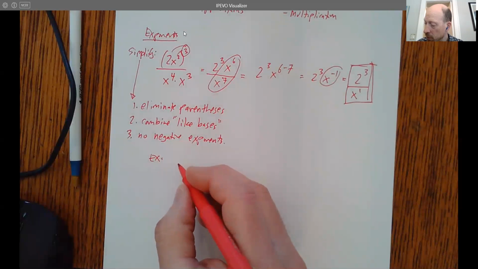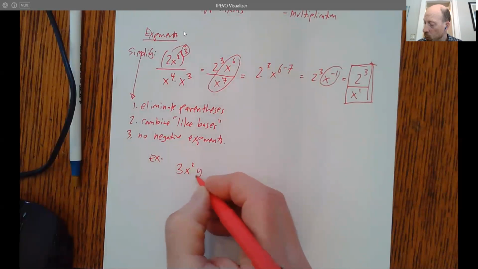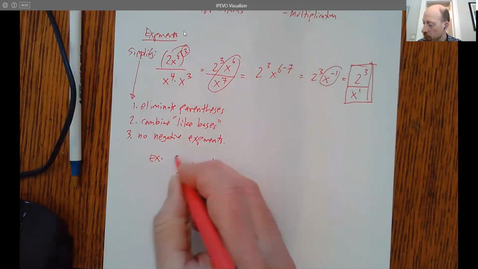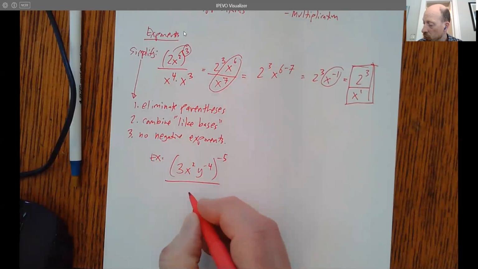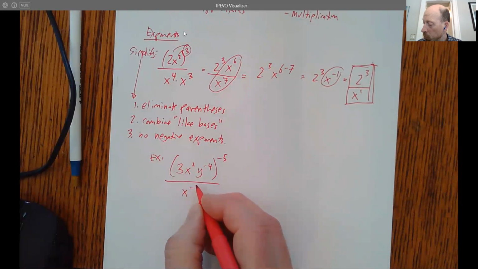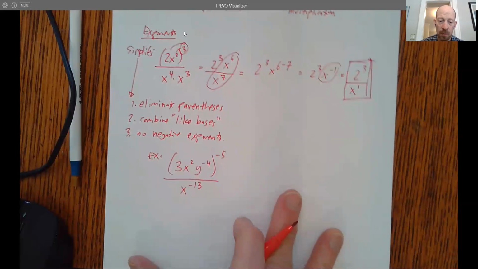Let's try another one. Let's look at 3x squared y to the minus 4th, all to the minus 5, over x to the negative 13.